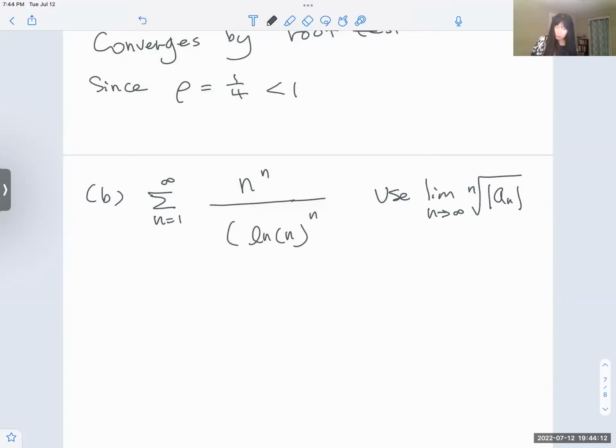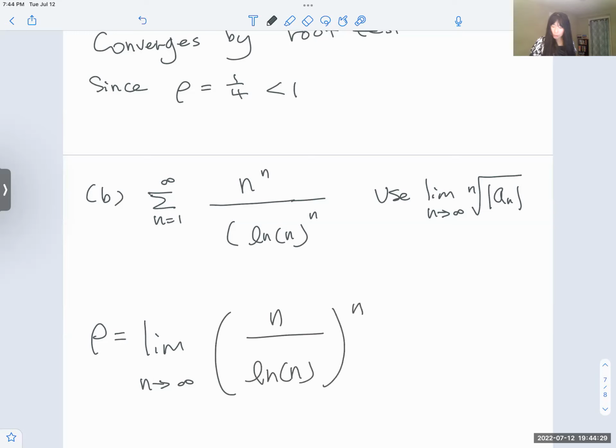This one, rho, we can say is the limit as n approaches positive infinity of the absolute value of n over ln n, to the n power, to the 1 over n.